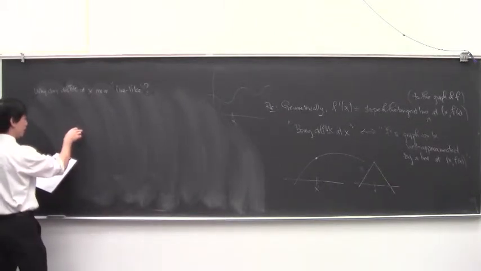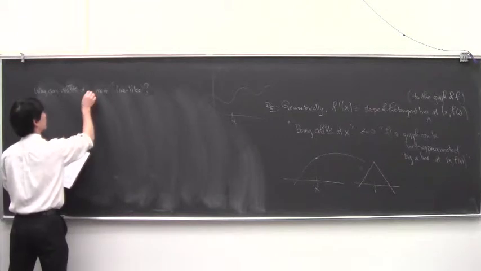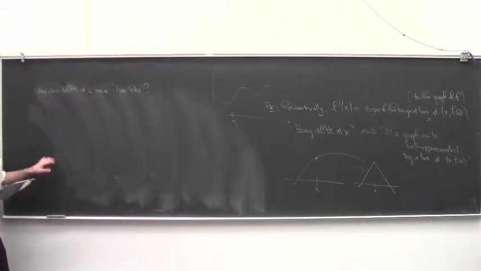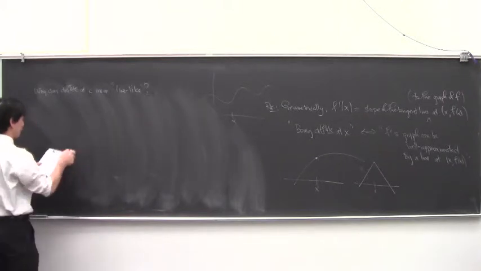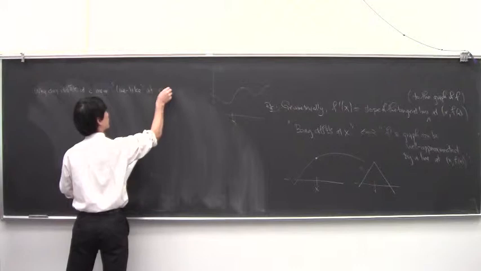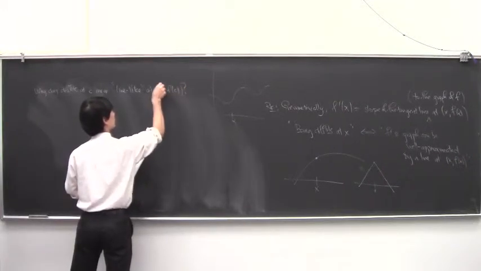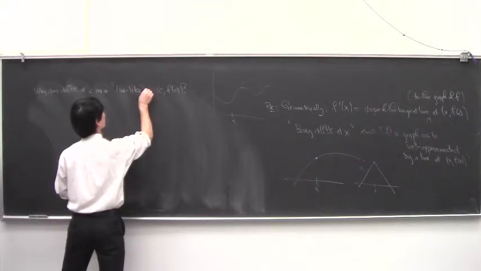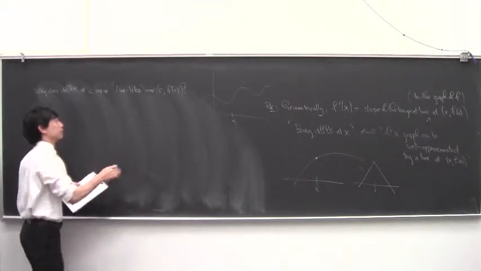I'm going to use the point c. Differentiable at some point c. Why does it mean that you're line-like there? So line-like near c.